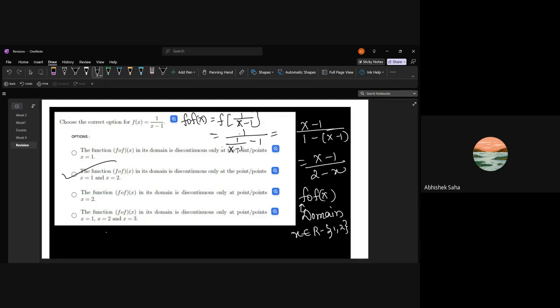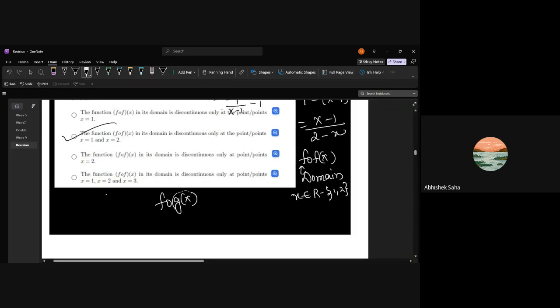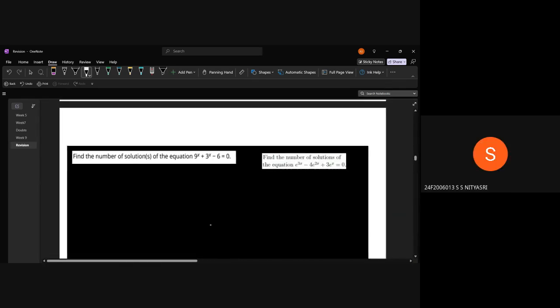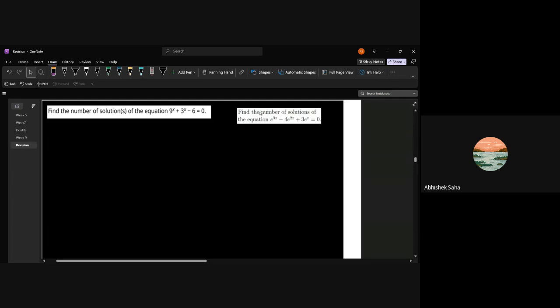Suppose in the place of x in f of x they have g of x, so you have to exclude from the domain of f of g of x all the points where g of x is not defined. Clear? Yes, sir.